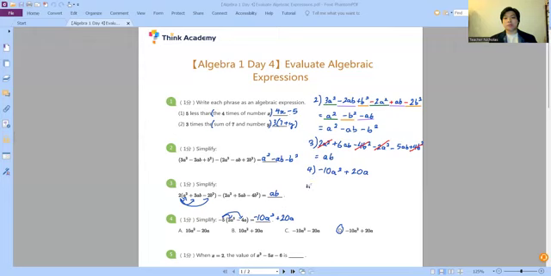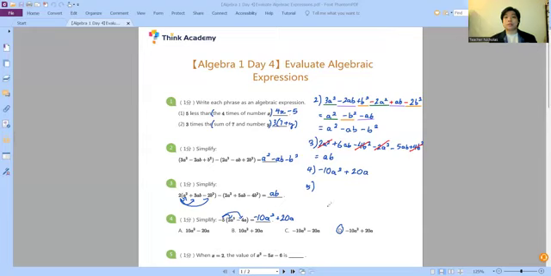Okay, I'm going to move on to question 5 now. So for question 5, I'm given the value of x. x is equal to 2. And I want to find the value of x squared minus 5x minus 6. Here, I'm going to substitute every instance of x I see with 2.